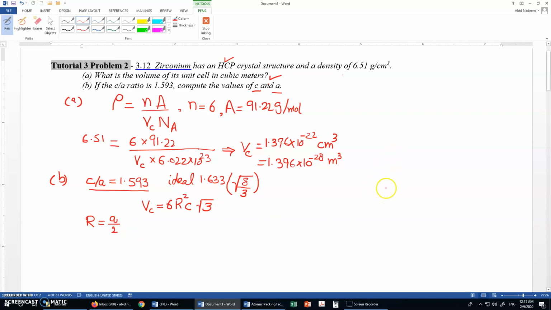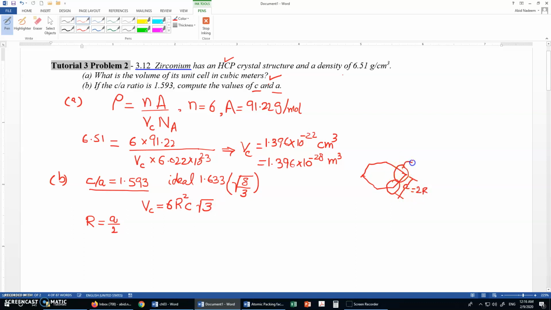If you take this HCP structure, I did not draw it very well, but all these 6 sides are of length A, and since there are atoms at these corners, these atoms are touching each other, so the radius of each atom is R, and this distance will be equal to 2R.